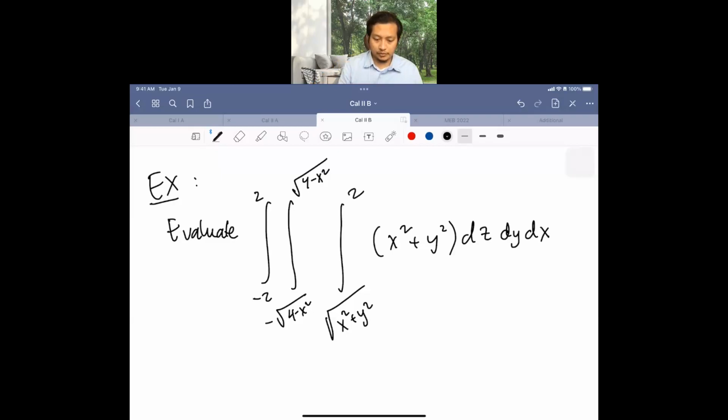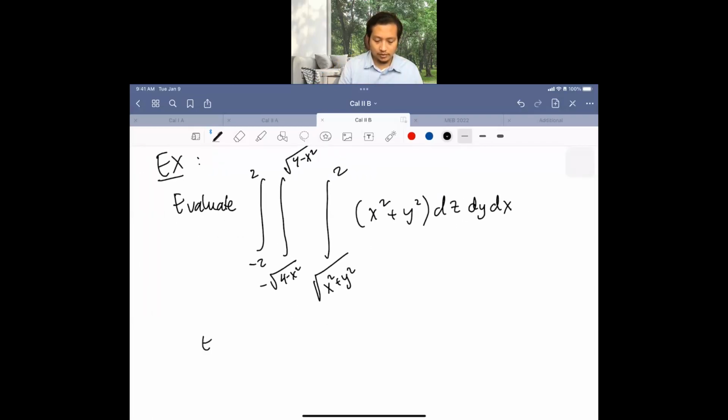Okay, now first we could write down the E, the interval for each axis.